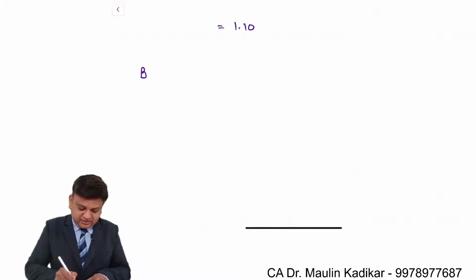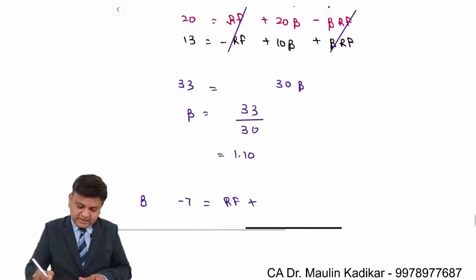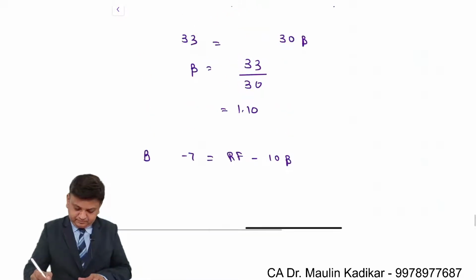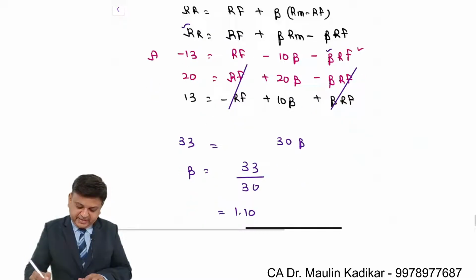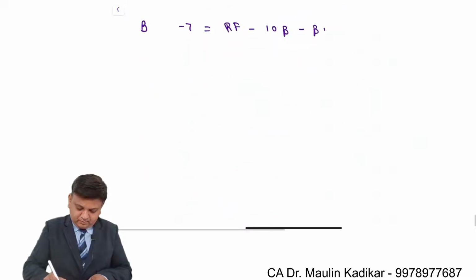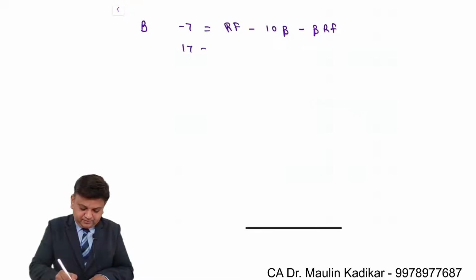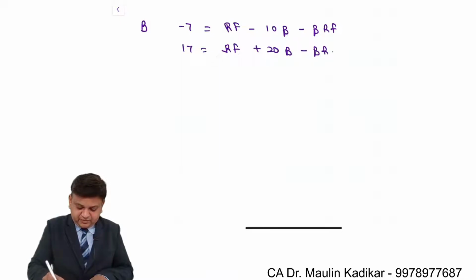So negative 7 is equal to Rf minus, because Rm is negative, minus 10 beta minus beta Rf. When Rm is positive 20, this is 17, this is Rf plus 20 beta minus beta Rf.